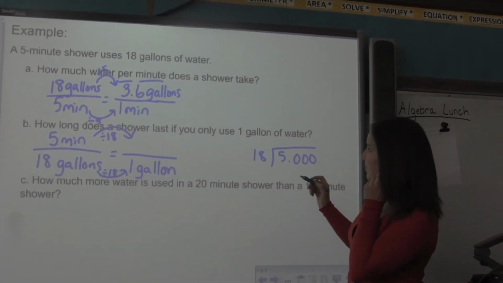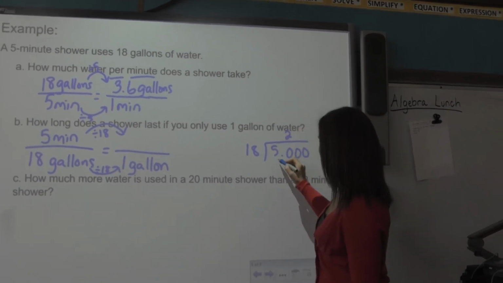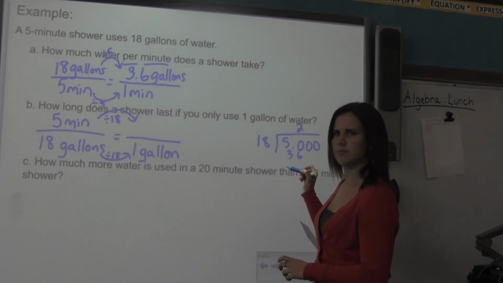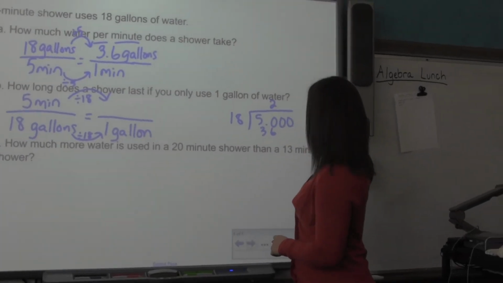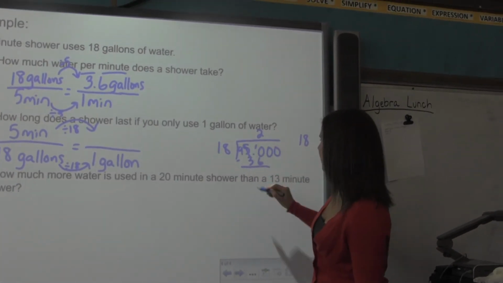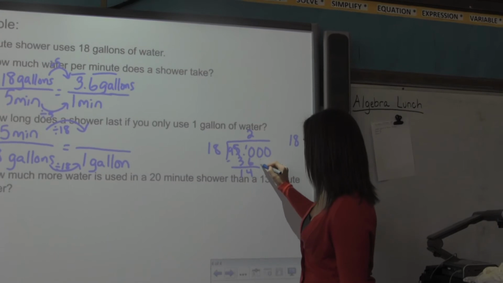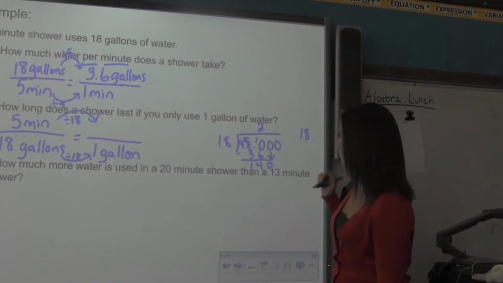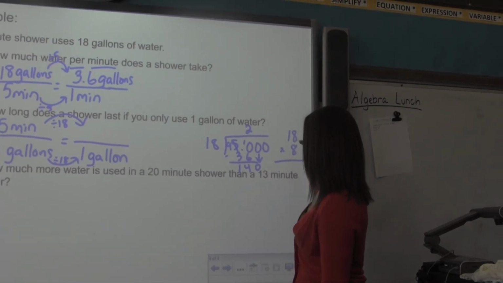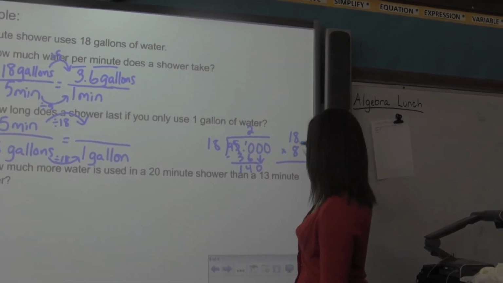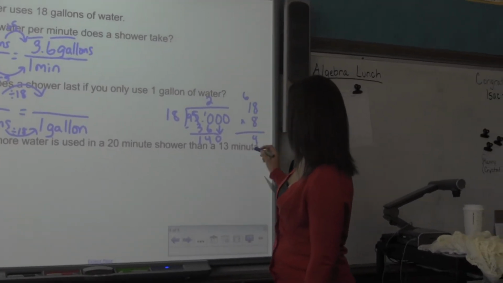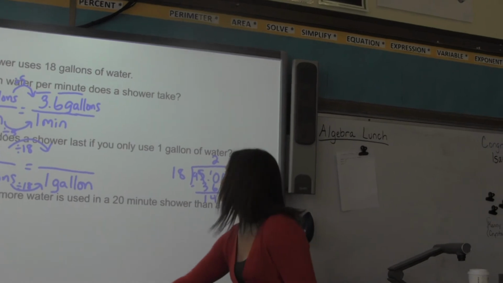18 goes into 50 probably twice, which is 36. So when I subtract, I get 14. 18 goes into 140 probably 8 times? No, probably not 8 times. This would be 7 times, I think.